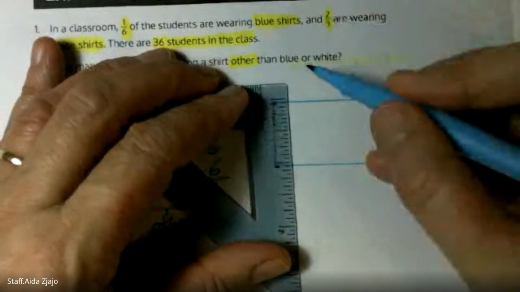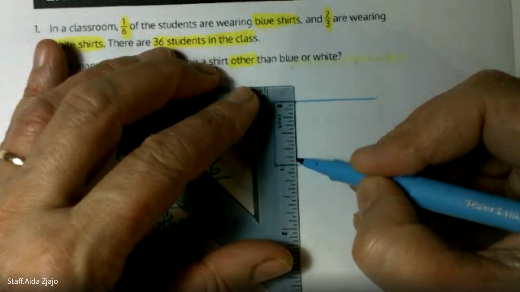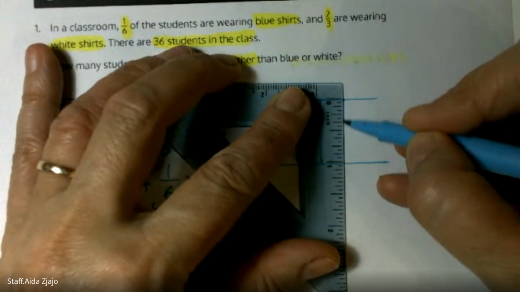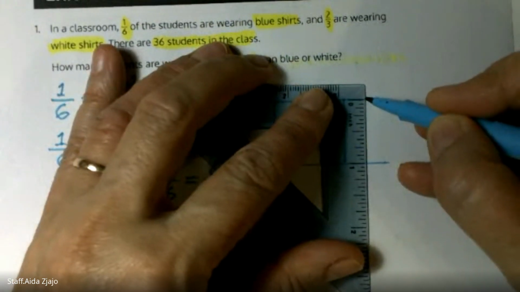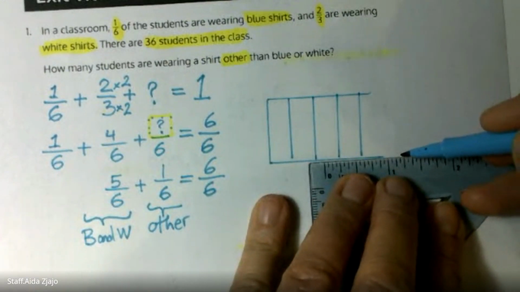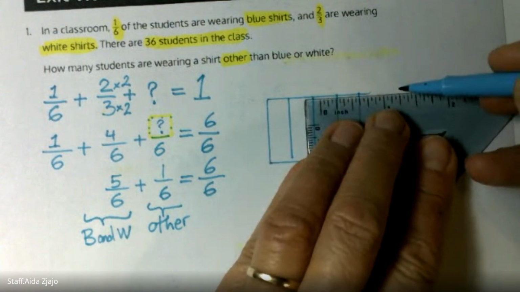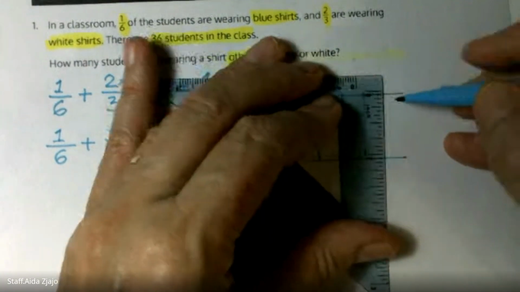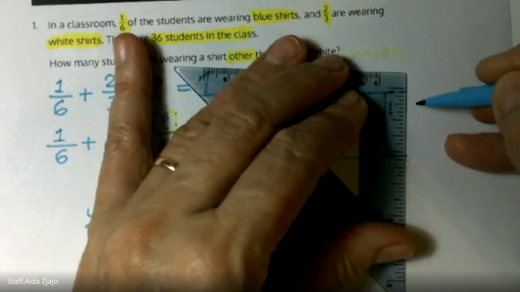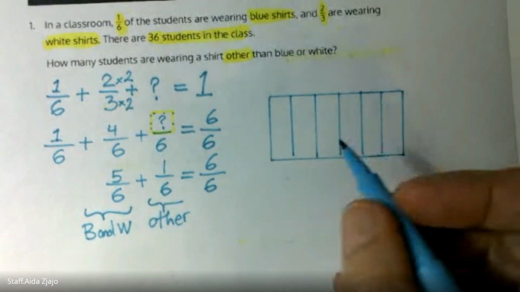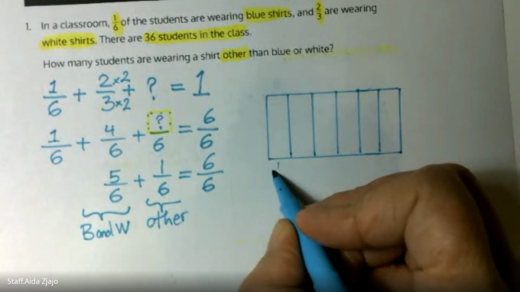So I will do just that. 1, 2, 3, 4, and I have to extend a little more, so now 1, 2, 3, 4, 5, and 6. So now I have 6 equivalent parts. Each represents 1/6.